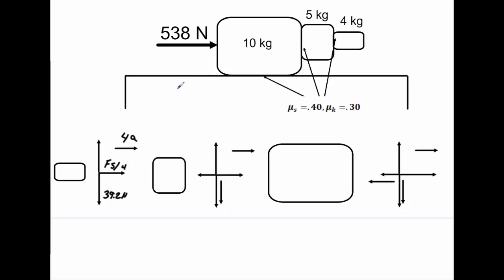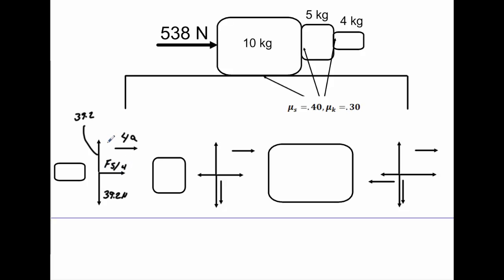We'll start this problem using the static. The largest static friction can only be the 39.2 newtons. Even though this force could be larger, it cannot produce a larger static force, because then the object would accelerate upward, which is totally illogical.